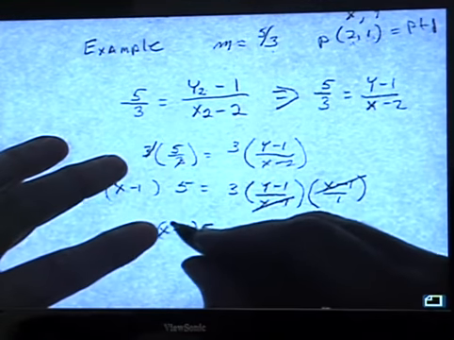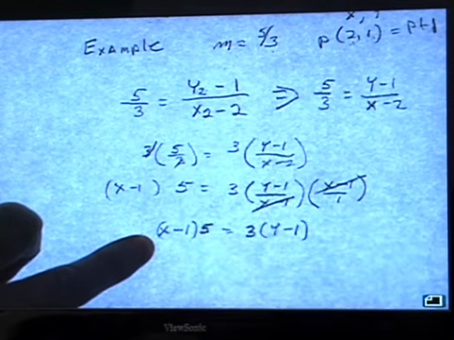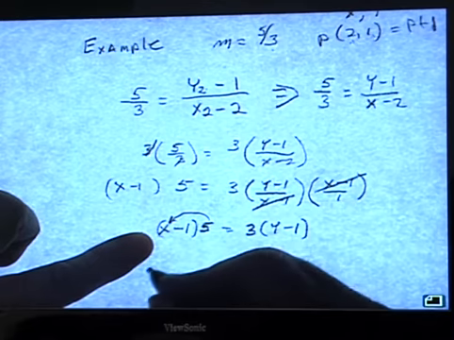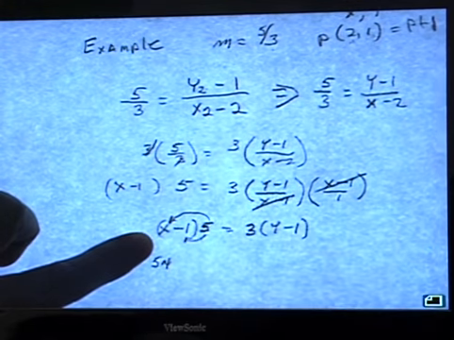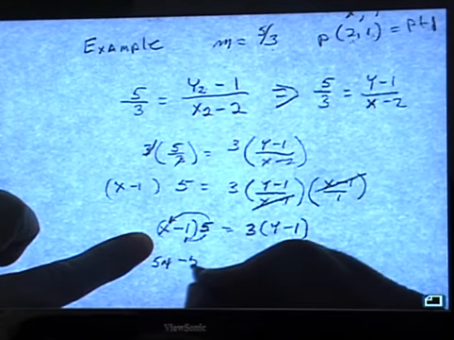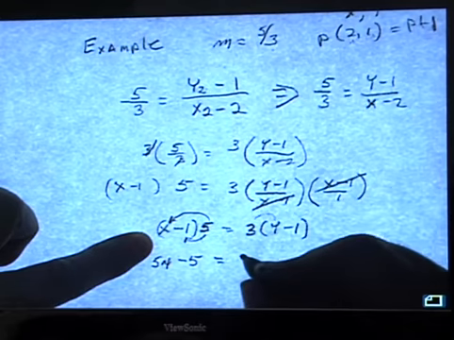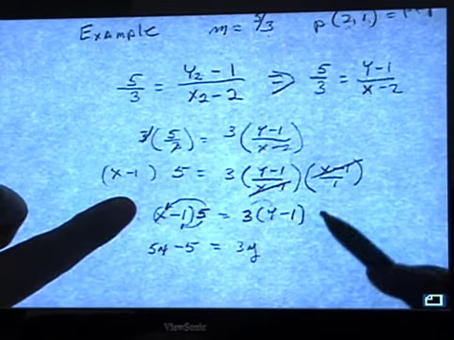This means that we're going to multiply x minus 1 times 5. Oh, it's x minus 2.